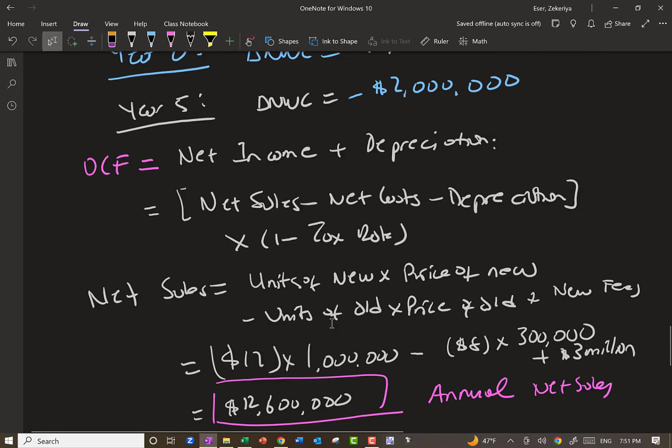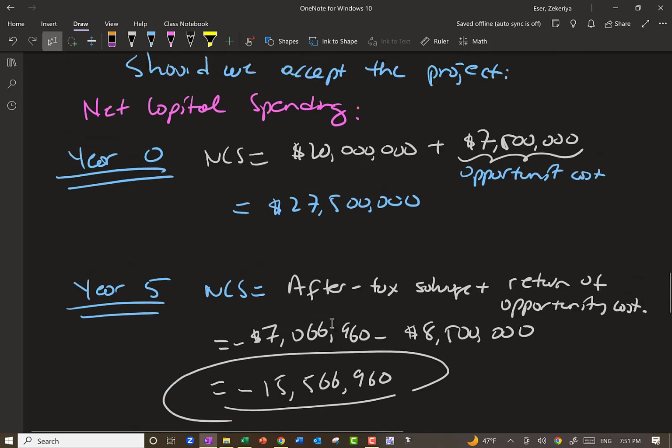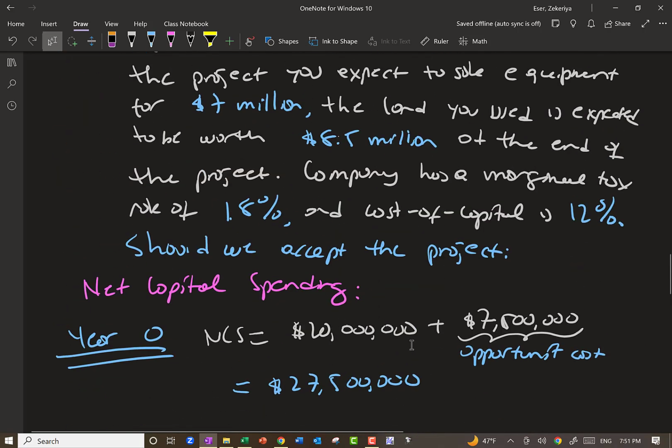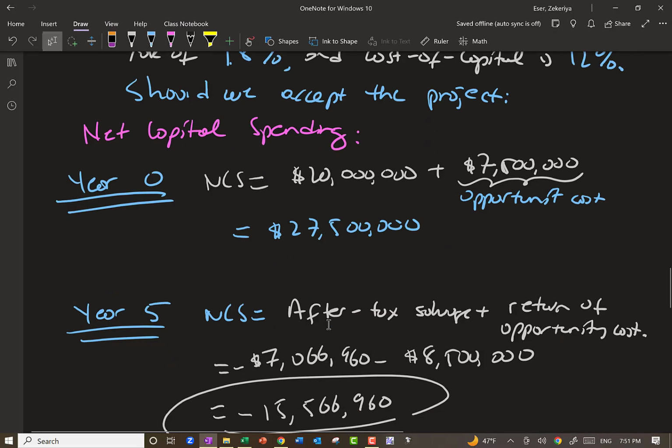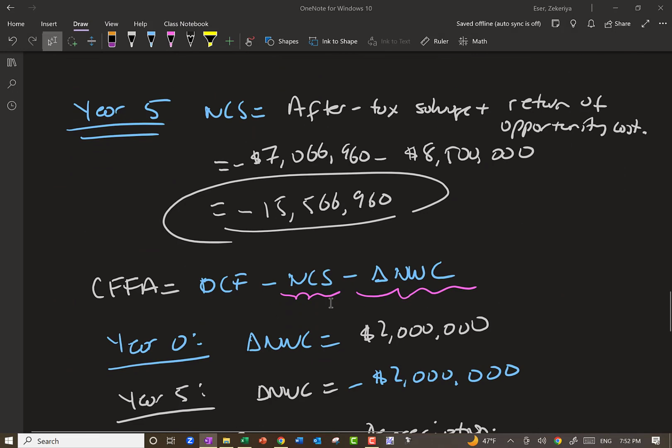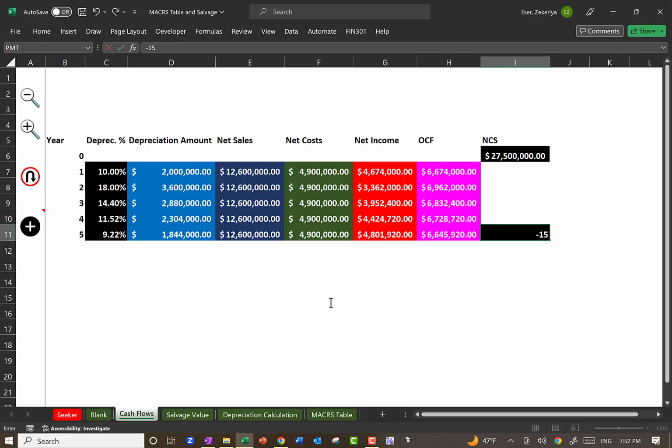Our net capital spending was 27.5. And in year 5, negative 15,556.